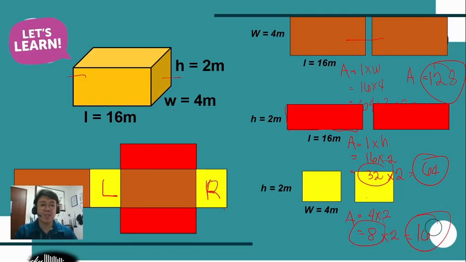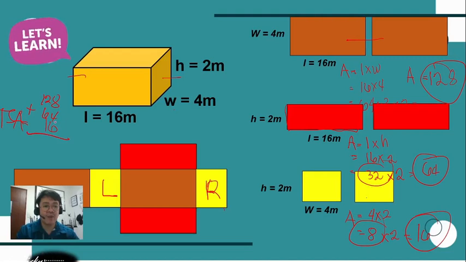So to get the total surface area of this one, or TSA, when we say surface area, this is the total area of all faces or all sides of the solid figure. So we just simply add 128 plus 64 plus 16.